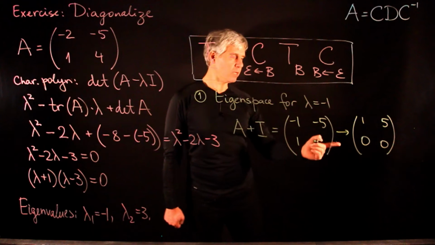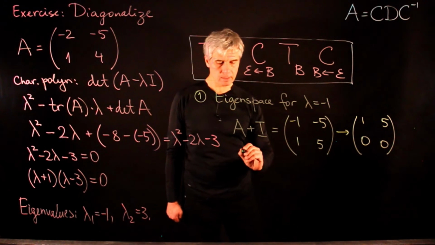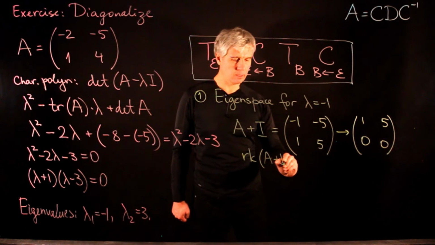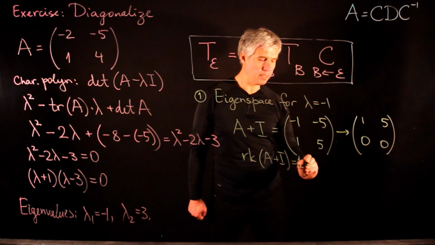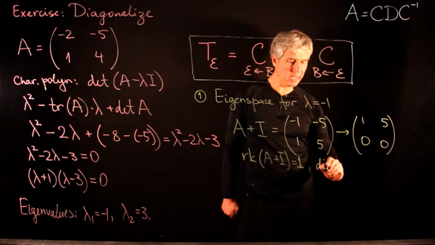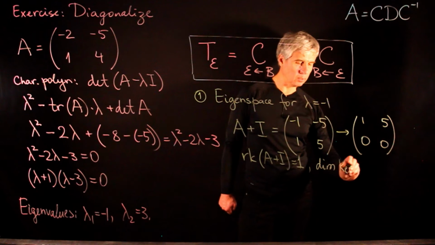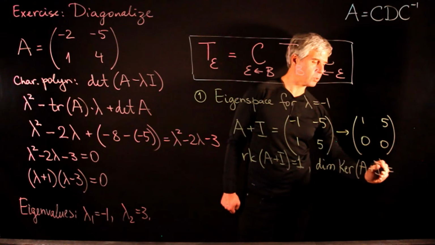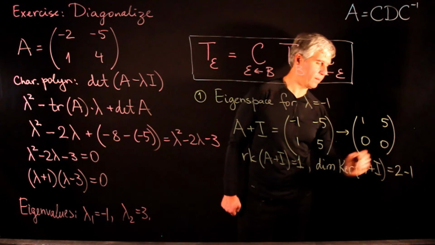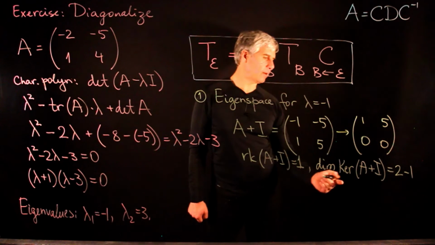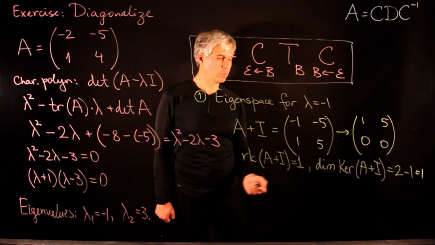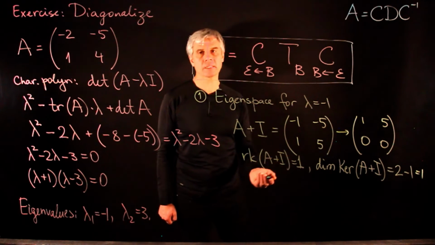And so the rank of this matrix is equal to 1. So rank of A plus I is equal to 1. And this tells us that the dimension of the kernel of A plus I is also equal to 1, which is 2 minus 1.